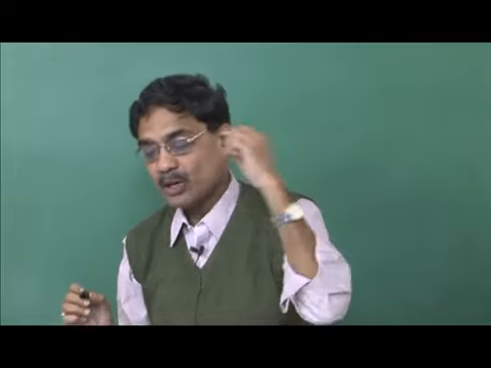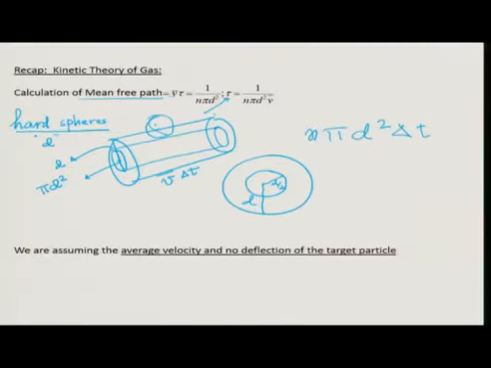This target molecule, which I mentioned in the last lecture, it suffers collisions, though it gets deflected, right? It should be deflected because it is having collisions. If it has collisions, then can I talk about a single cylindrical geometry which I am mentioning here? It is not actually the fact.